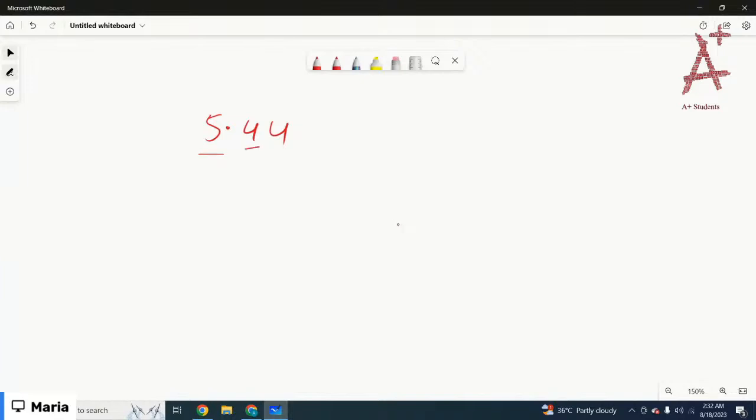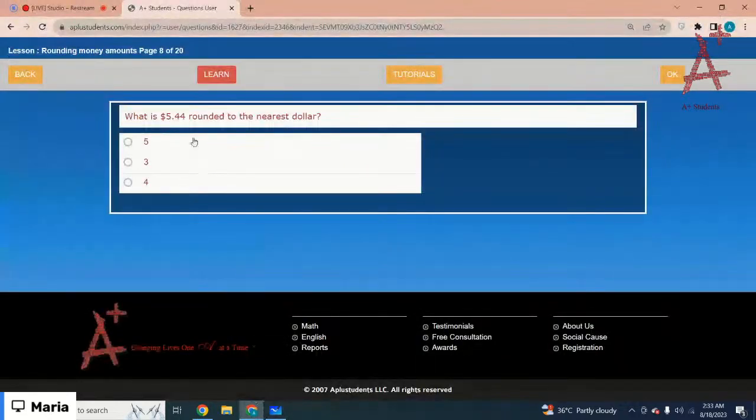Right next to dollar, you have 4. 4 is greater than 5 or less than 5? 4 is less than 5. That means you have to round on the same dollar, and the next two digits you have to replace with 0. So it would be rounded off to 5. You got it now? It would be 5. The correct option is 5.